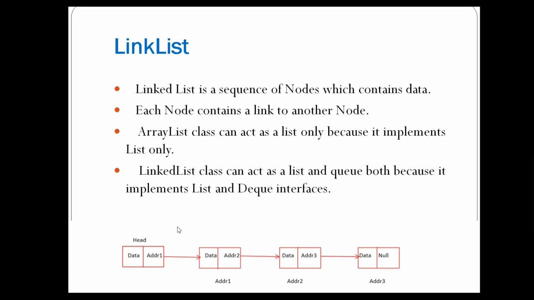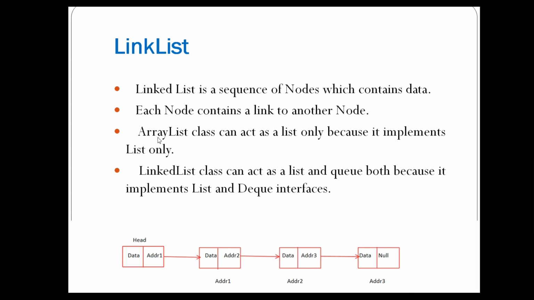If I add another object, suppose I added 2 as well, 2 will be in the second node in data, and it will have its own address that will be linked to the head. If no node is linked to a node, then the address will be null. As you can see, the last node has null in its address, so this is the last node.